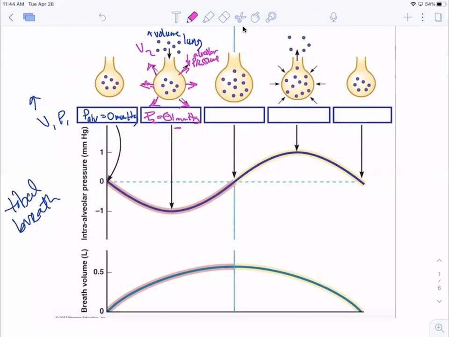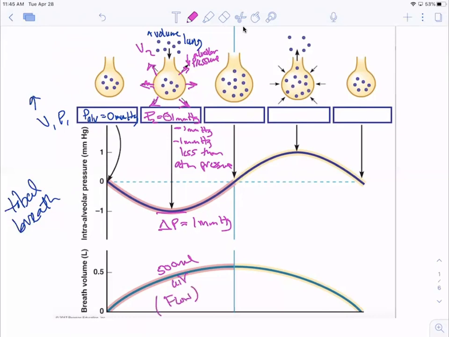And so you get this negative 1 millimeter of mercury pressure because it is 1 millimeter of mercury less than atmospheric pressure. So by changing the volume of your thoracic cage or cavity, you are decreasing the pressure in the alveoli. Now you have a pressure gradient, a delta P of 1 millimeter of mercury. And that's enough to drive in 500 mLs of air. That's your flow right there.